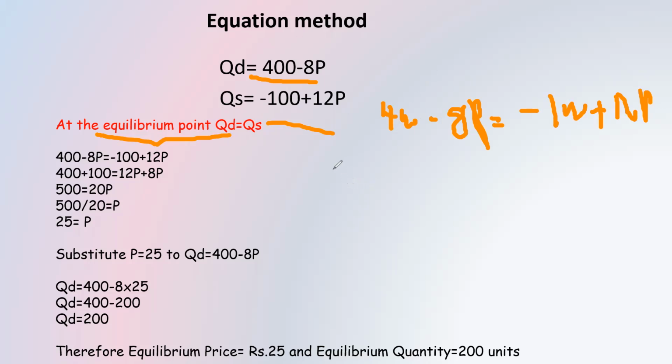We have to rearrange all the numerical values by shifting those on the right-hand side to the left-hand side. And when we shift values to the left-hand side, the sign will change. You have to keep that point firmly in mind.